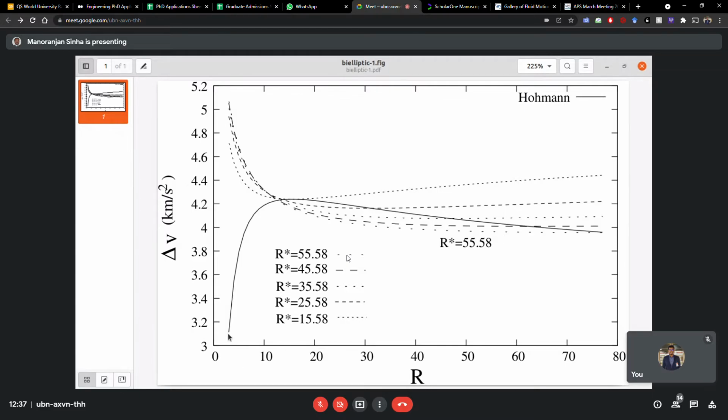Okay, so you can see how the Hohmann transfer, the impulse required, is changing as we give different values of n, meaning your outer orbit radius changes. So initially n equal to 3. For 3 you will get a certain value, and thereafter it starts increasing.